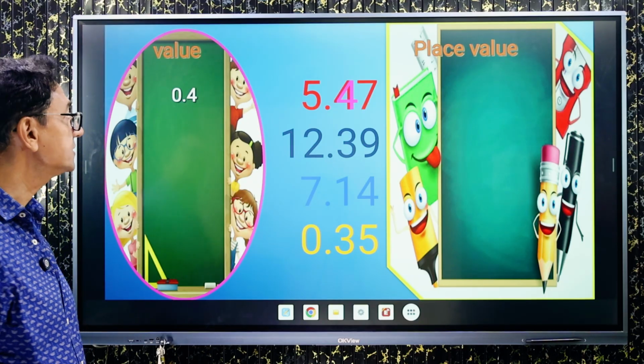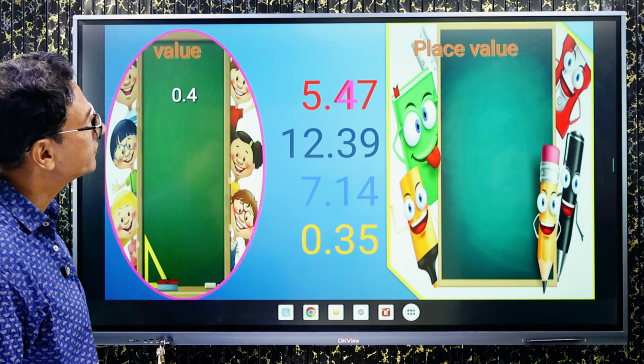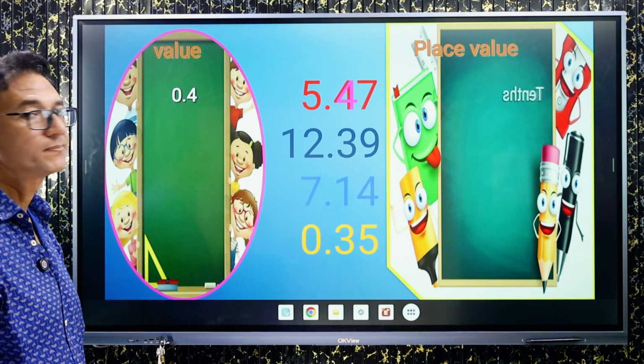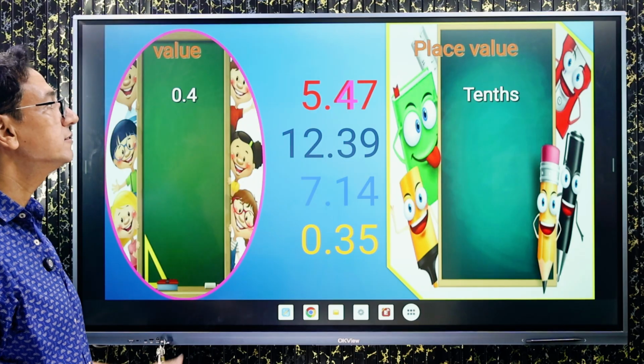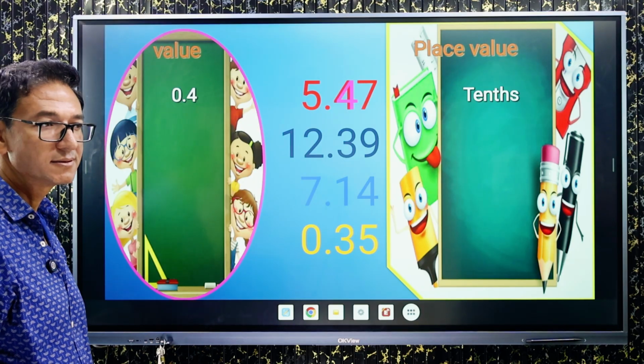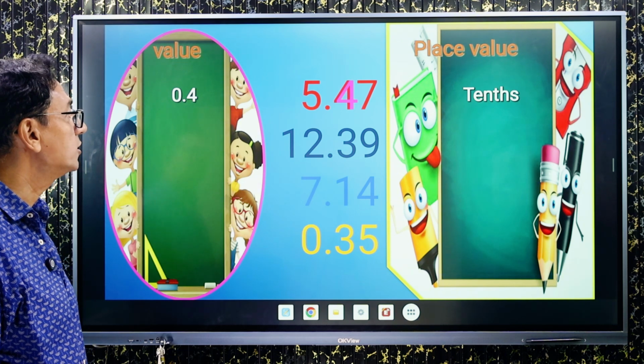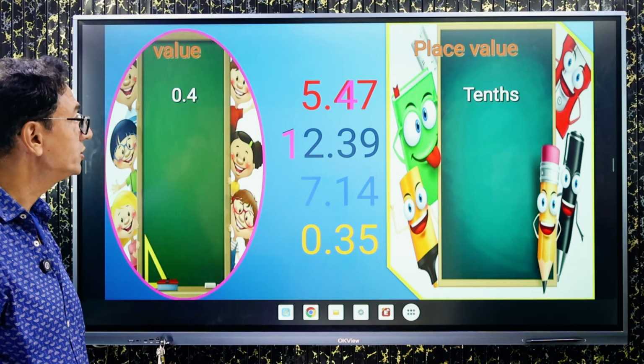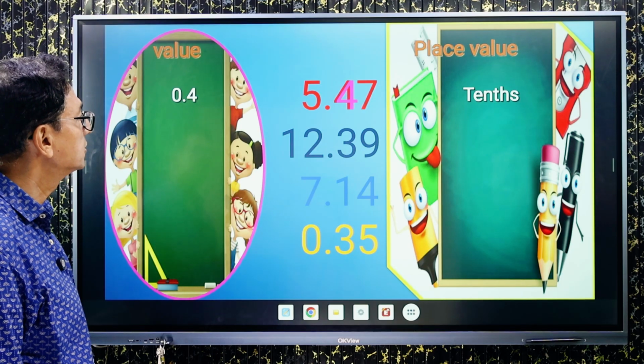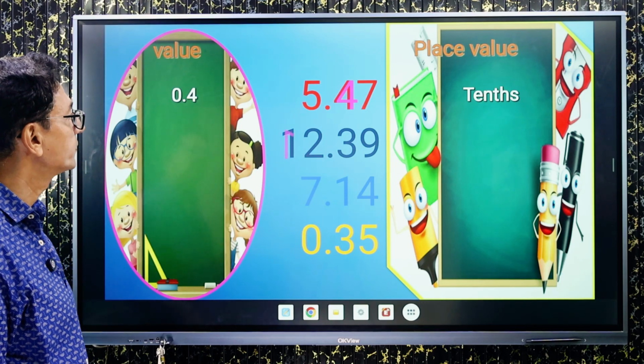Yes, this is the value. What about the place value? Tenths. Or we can write 4 tenths. Okay, it's the same. The second one, 1, which is purple.